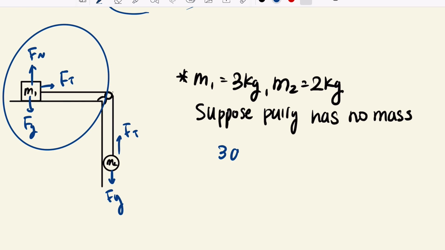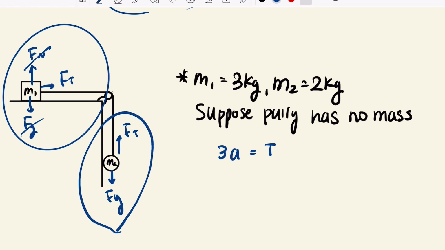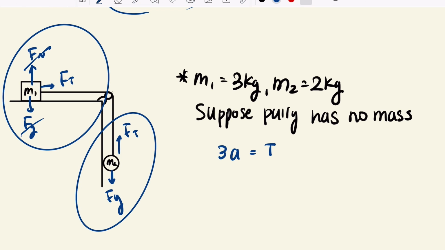So 3a would equal T, because again Fn and Fg will cancel out because they're the same and opposite forces, and Ft would be the net force that is acting on M1. And then for this diagram here, we would have 2a would equal, now Fg equals ma, right? But here the only acceleration is gravity.